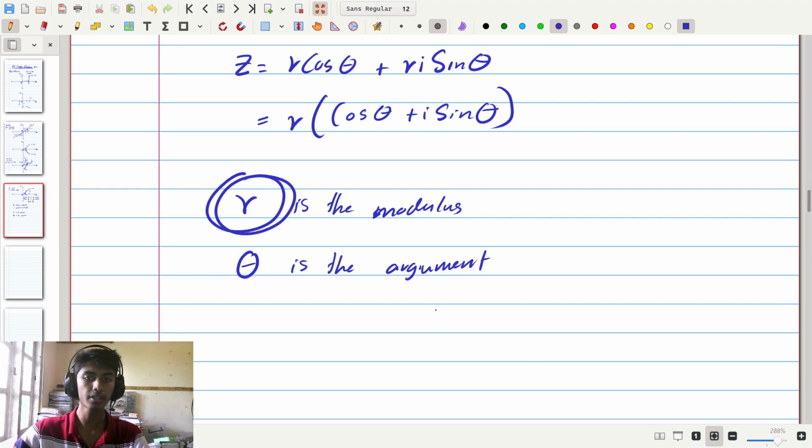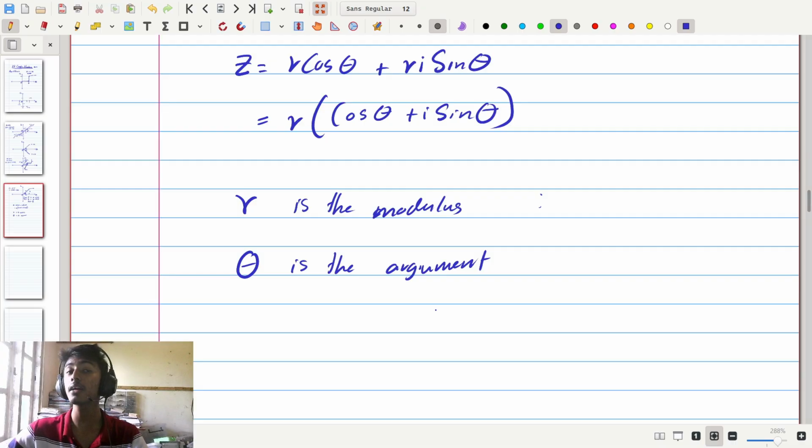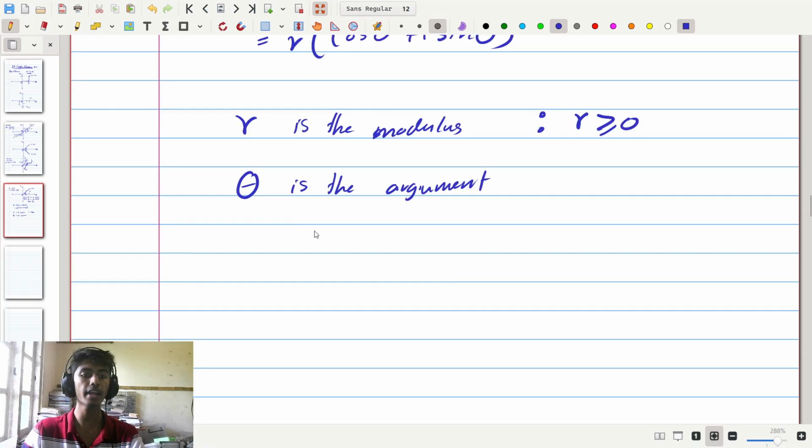For r, we must have r being a positive number, so r must be greater than or equal to 0. The only case where r can be equal to 0 is if the point that we are representing is exactly the origin. For any other point, r is greater than 0. So we make sure that the distance from the origin to our point is a positive value. Now the argument has a different kind of restriction.